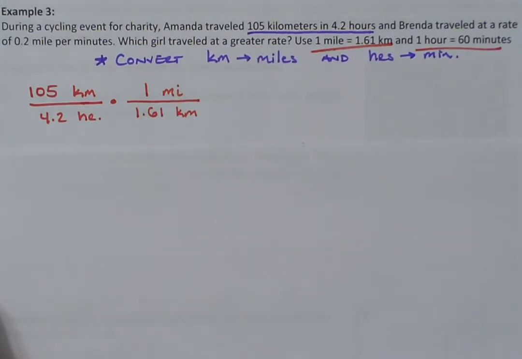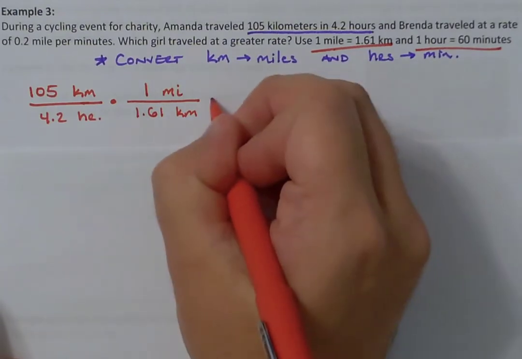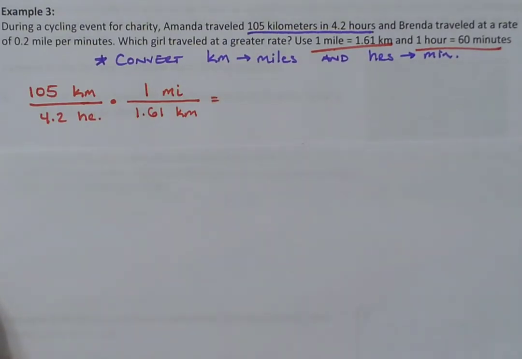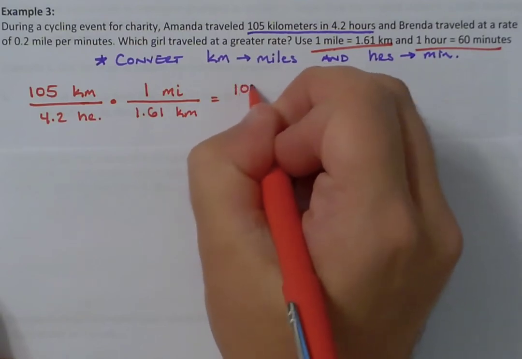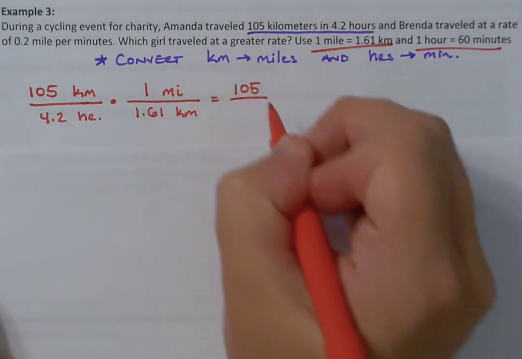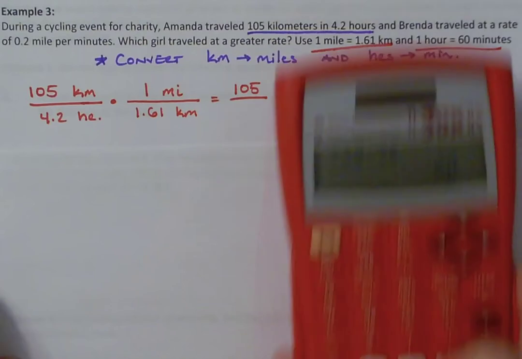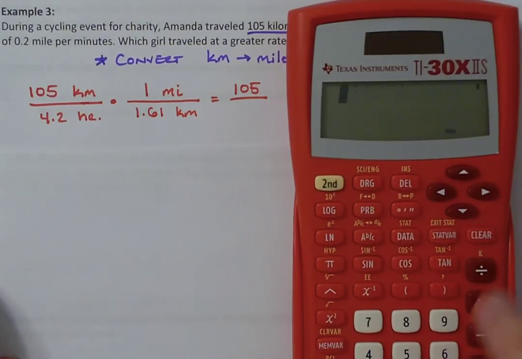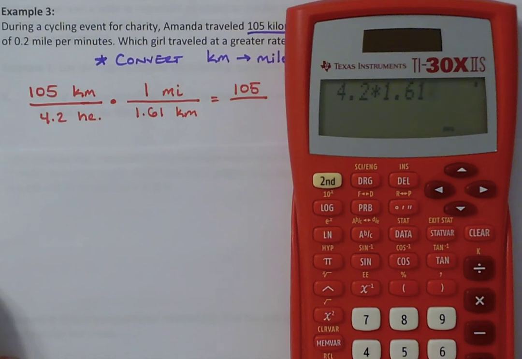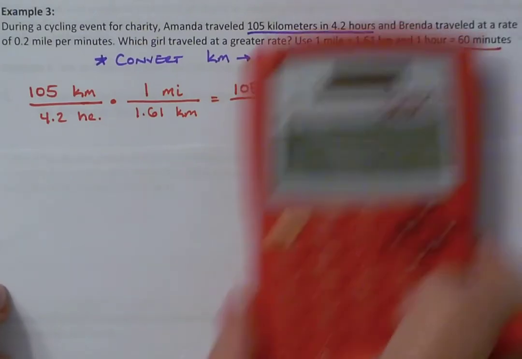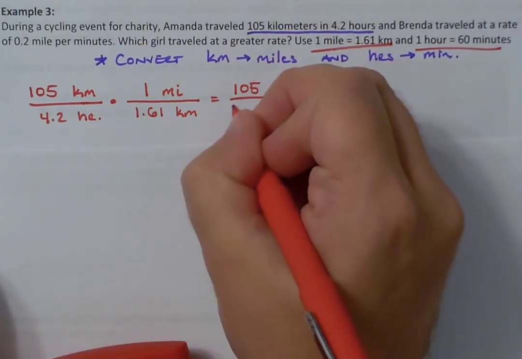If I go through and set this up, you remember when multiplying fractions, it's top to top, bottom to bottom. So I end up with 105 on top. And then 4.2 times 1.61 gives us 6.762 as our number.